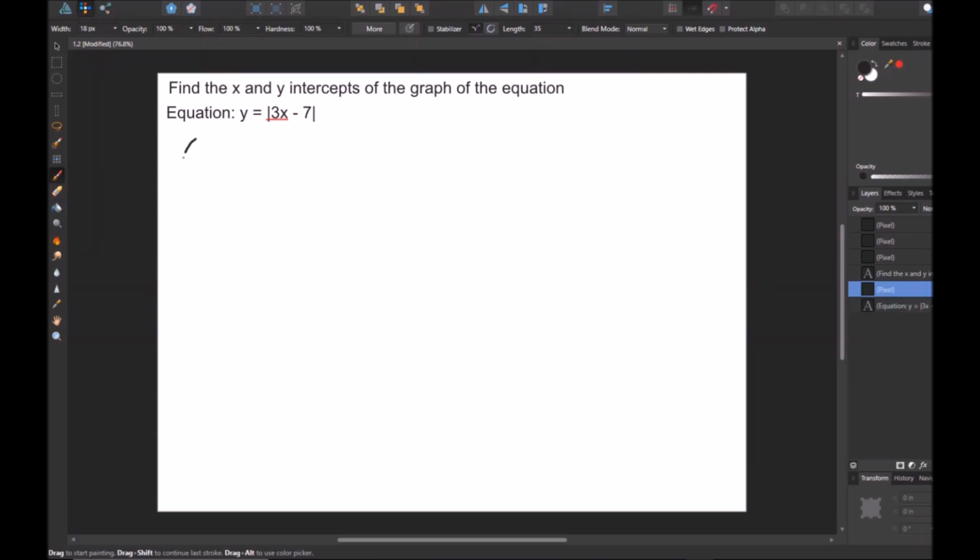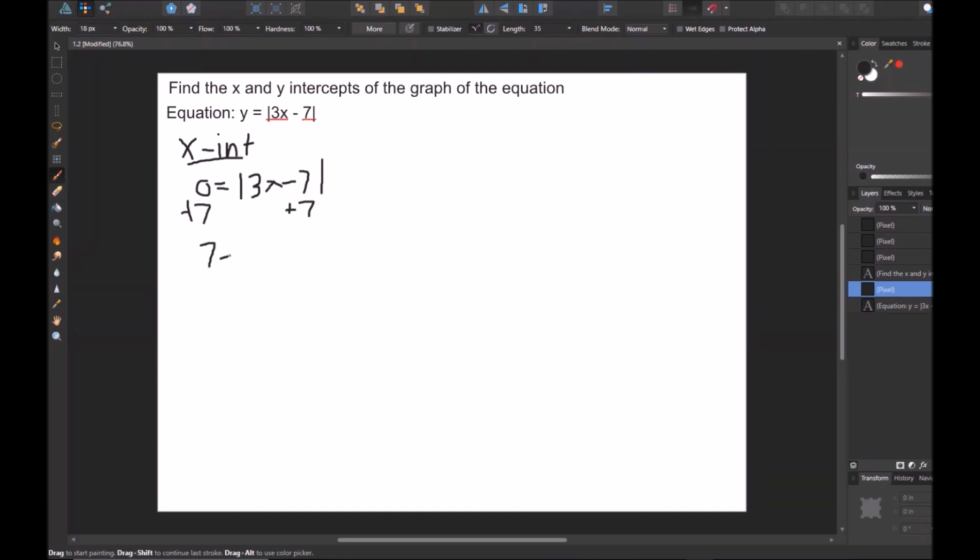So for the x-intercept, we already know that we're just going to plug in 0 for y. So we have 0 equals the absolute value of 3x minus 7. Well, in order to get x alone, which is what we have to do in order to get the x-intercept, we're going to add 7 to both sides.